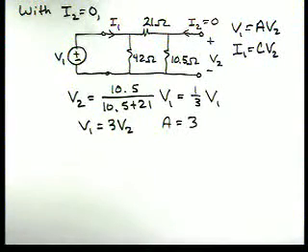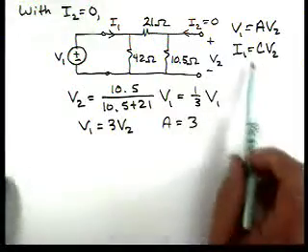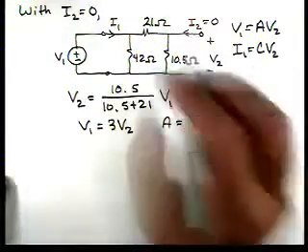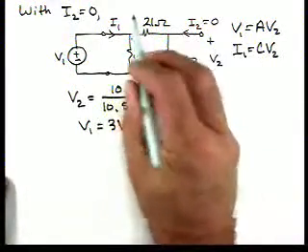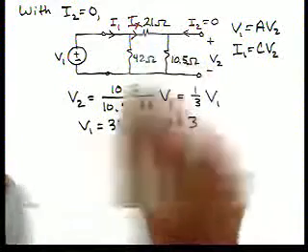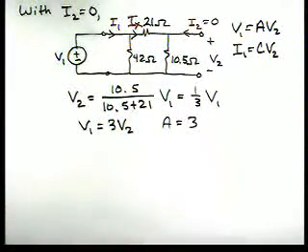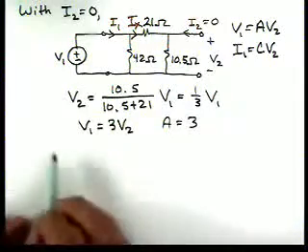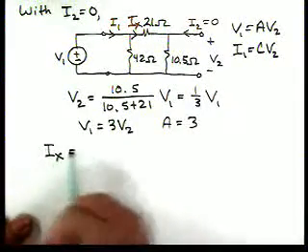Now we need to get I1 in terms of V2. First, let's calculate this current IX by current division.